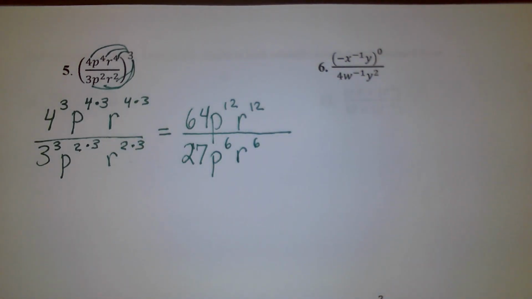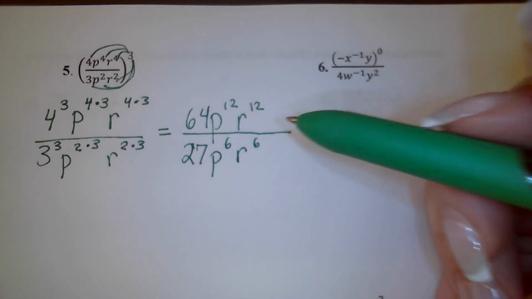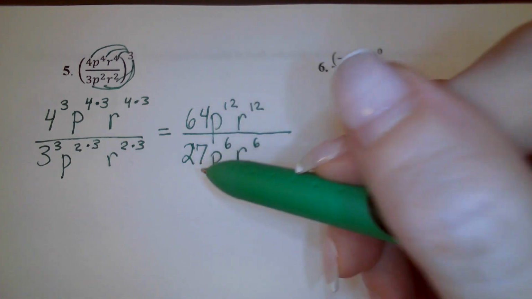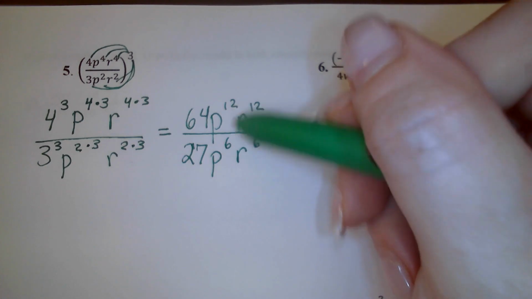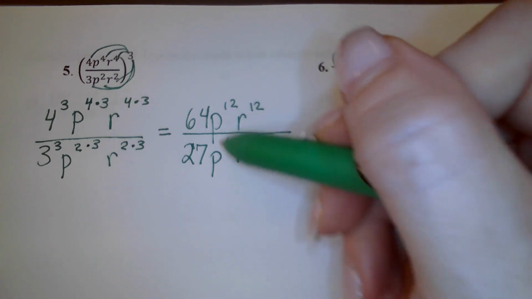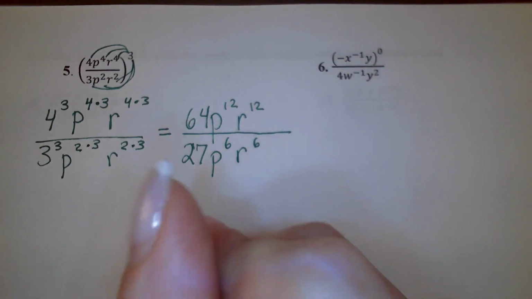Now, we don't want to leave a problem with any division remaining. So we want to make sure that we've simplified the fraction if we can, and then that we've simplified the exponents. So here I still have division of the same bases, so I need to subtract these exponents.